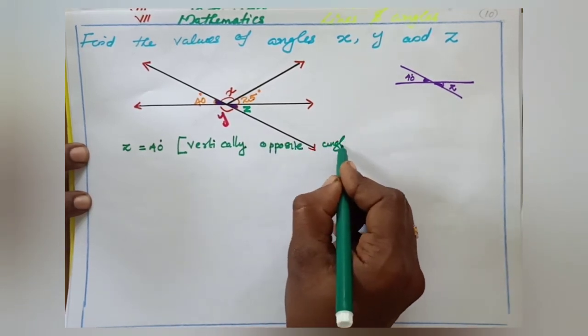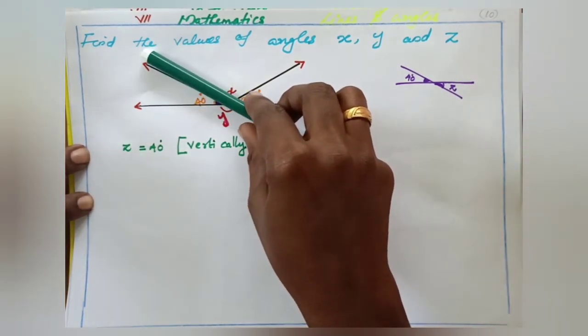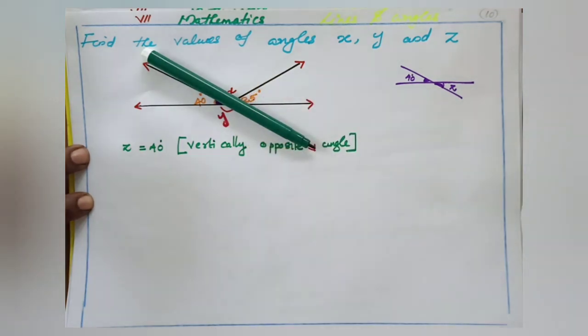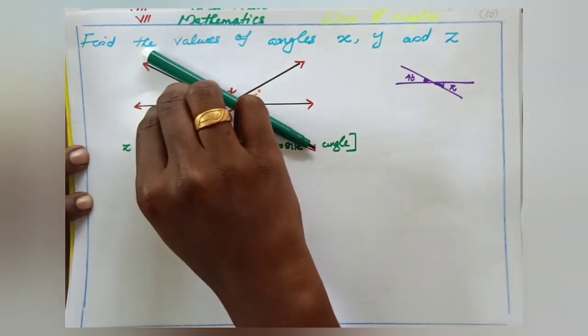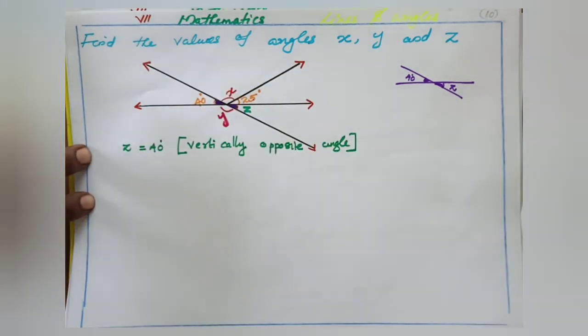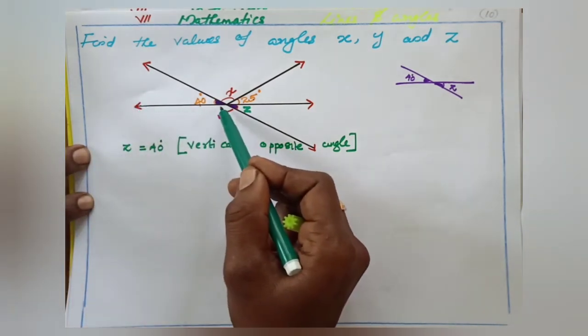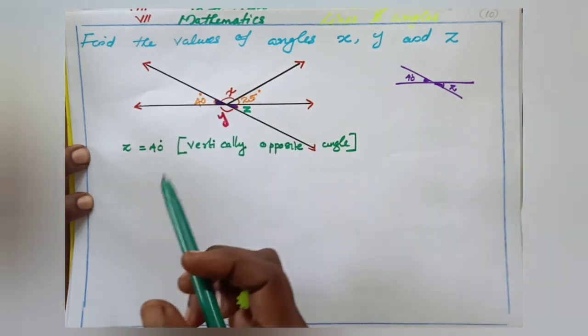Okay, then we can find out y. This is one straight line and one ray standing, forming a linear pair. Straight line, this is the ray standing, so this is a linear pair.